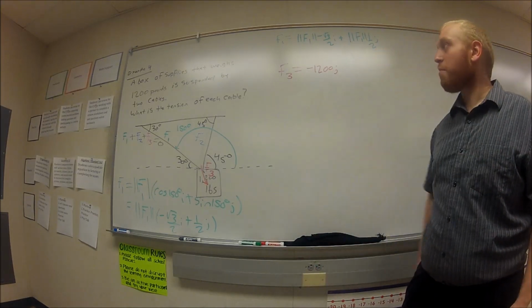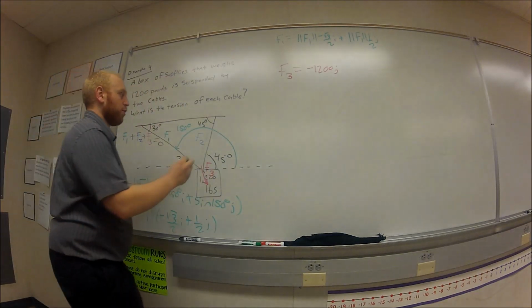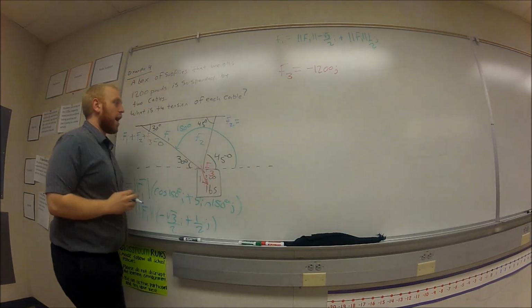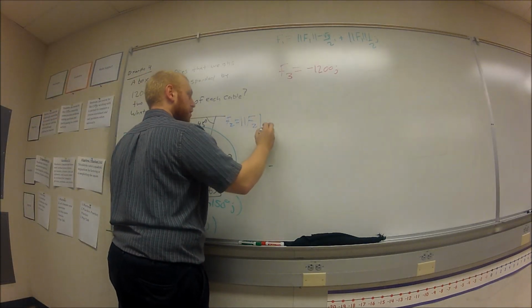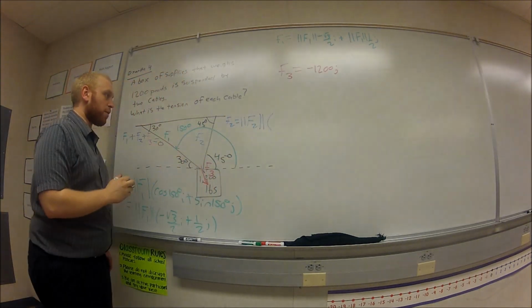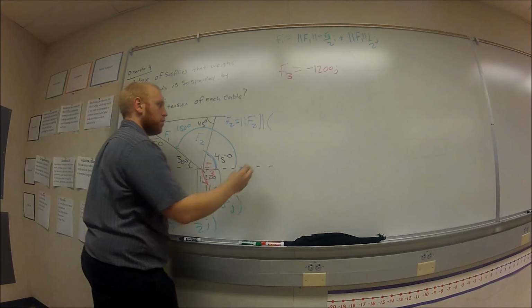And now let's play the same game with F2. F2 has to be its magnitude times the cosine of the direction angle. This is a formula from yesterday. The direction angle for that one is just 45 degrees.